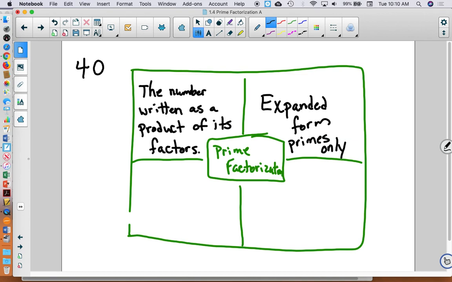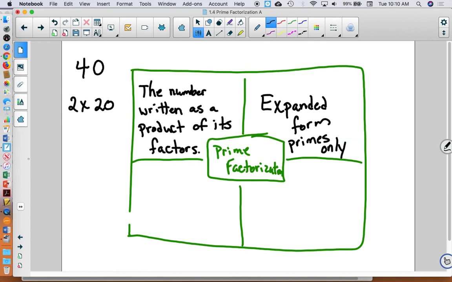I can only use primes, so there's different ways that we could do it. Miss Faith. 2. 2 goes into 40, I agree. And it's 2 times what, though? 2 times 20. So 2 is a prime factor, but 20's not a prime one, is it?